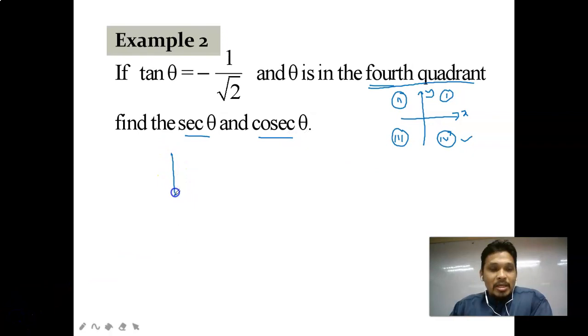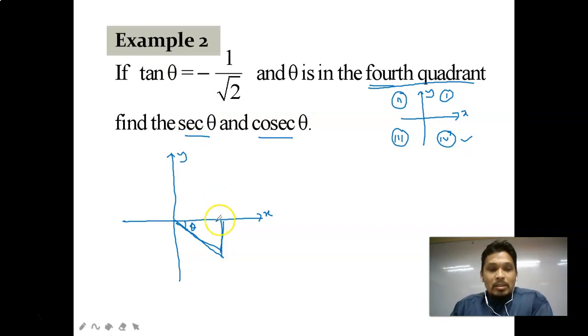So we're going to sketch the X and Y axis. In the fourth quadrant, it's going to be something like this. Tangent is opposite divided by adjacent. From this triangle, and this is theta.